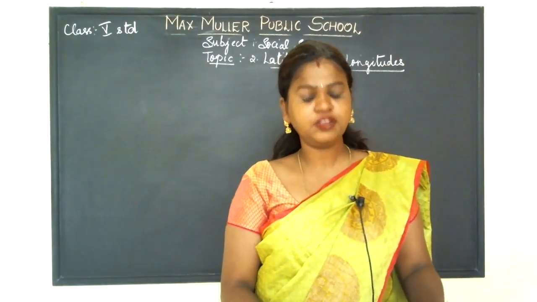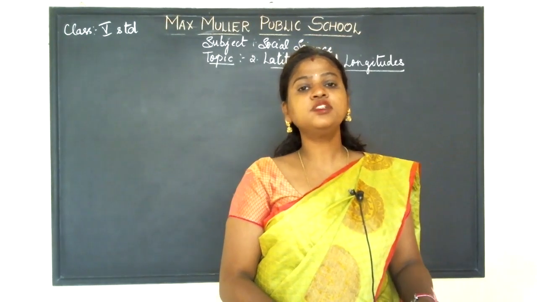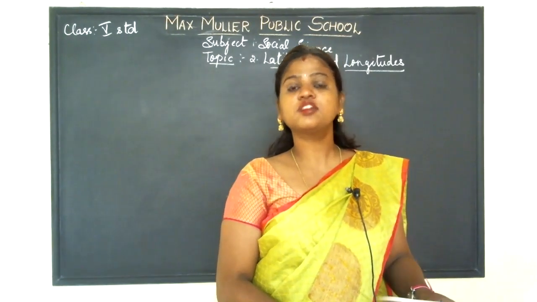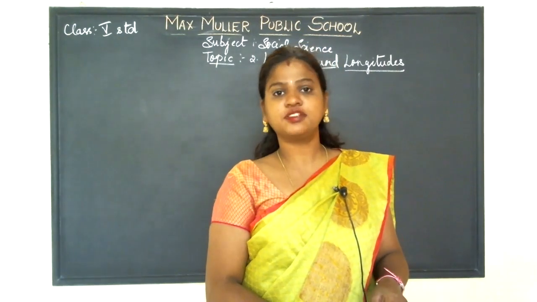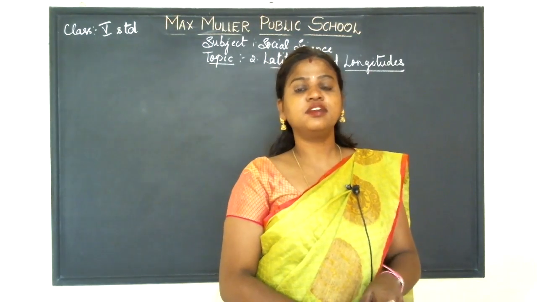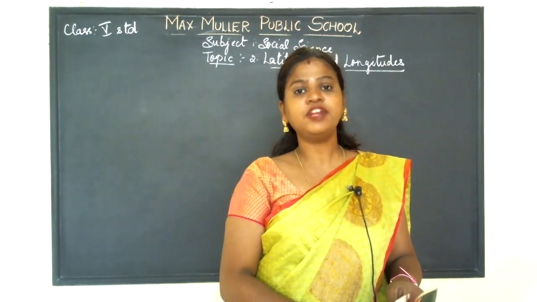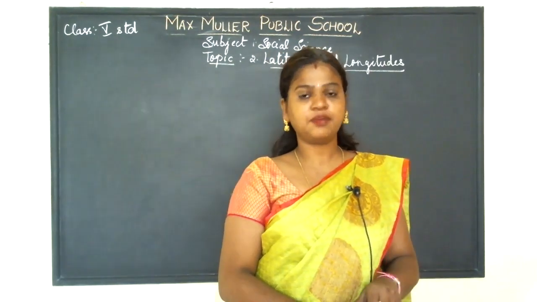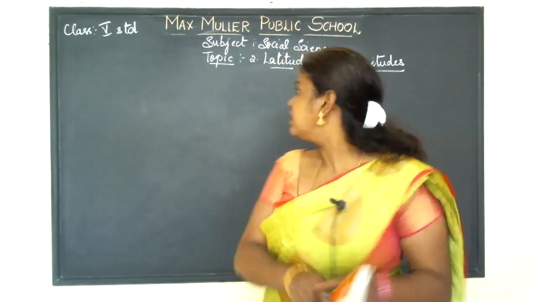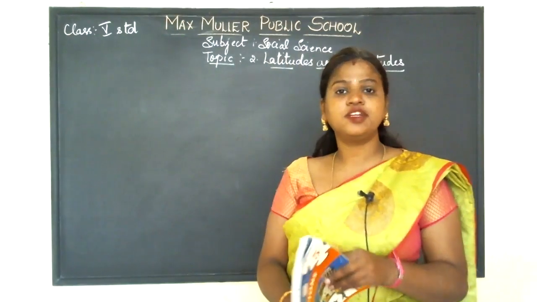Yes, good morning, children. In the last class, we started with the exercise of the first lesson, continents and oceans. So today we are going to start the objective types, that is fill in the blanks, choose the correct answer, and some of the others, in the second chapter, latitudes and longitudes.